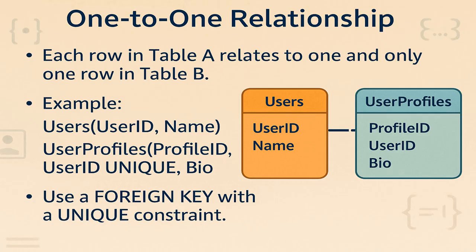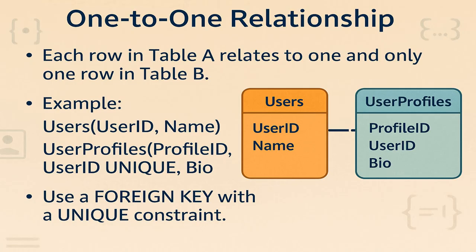The one-to-one relationship means each row in table A should be related to one and only one row in table B. For example, we have the relationship between the user and the user's profile.